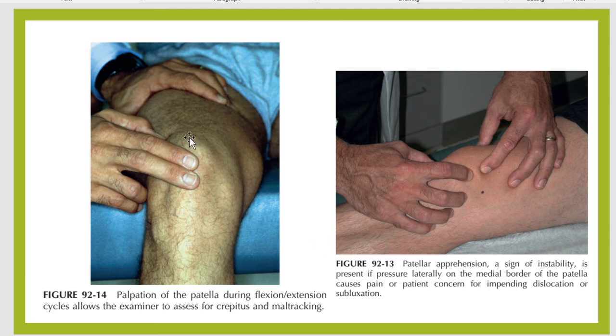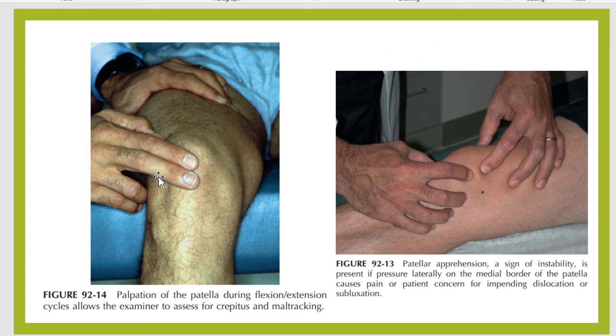So here, usually ang gina-assess sa PT is not only the tracking or the movement of the patella, but as well as the pathological conditions found maybe beneath the patella. So base na siya kung naa crepitus or whatever, then maybe osteoarthritis, no?